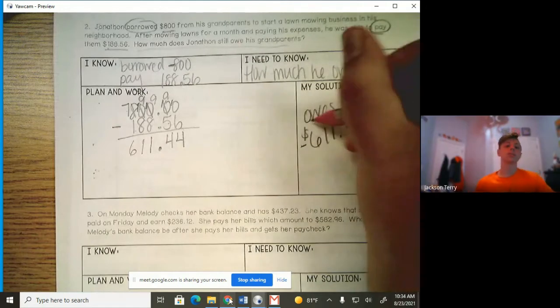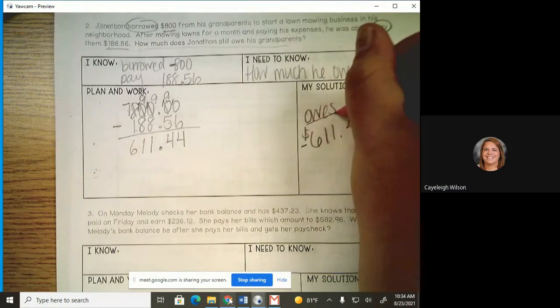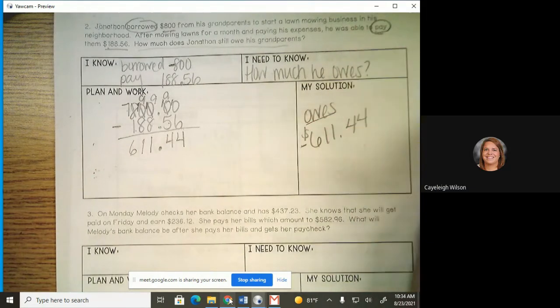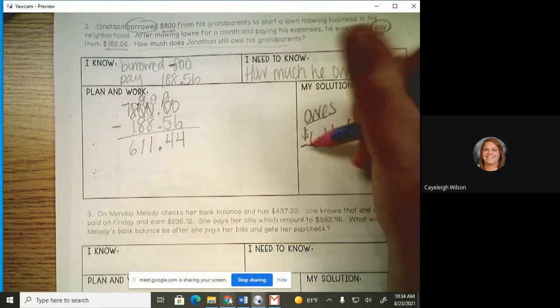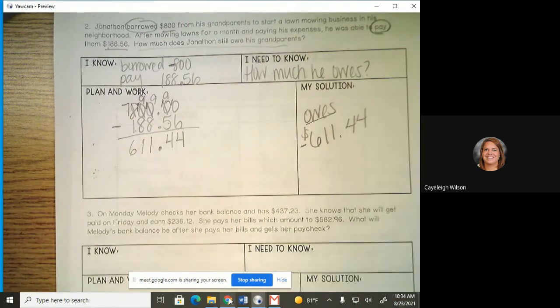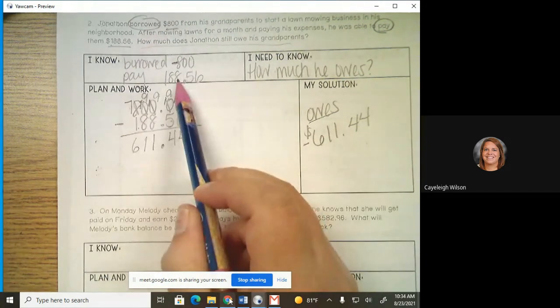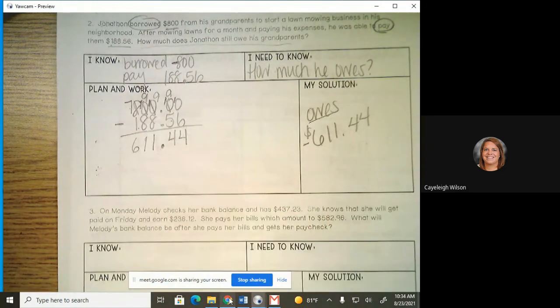I didn't put it, but I see the word owes, so I know that that's a negative number because we know the word owe is negative, but you can put the negative there. It really doesn't matter. We just need to know that he still owes them that amount of money because he borrowed $800, he paid this back, but he still owes them this much.